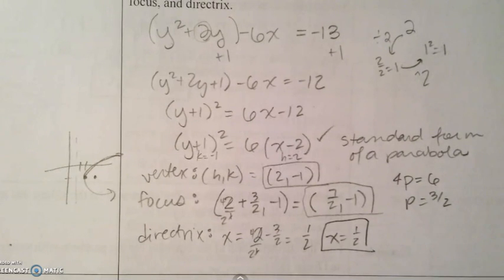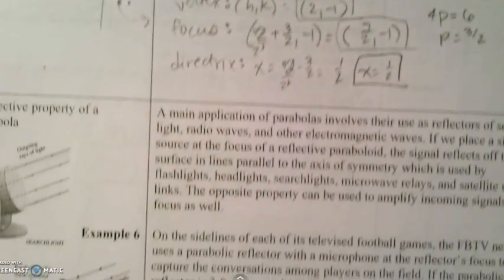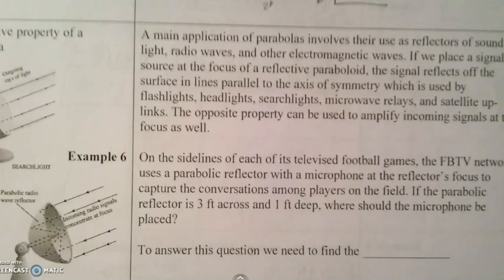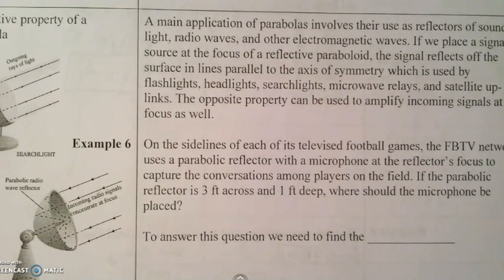But what I want to look at now is the reflective property of a parabola. If you take a parabola and rotate it in three-dimensional space, it creates a shape called a paraboloid. It's a three-dimensional parabola.